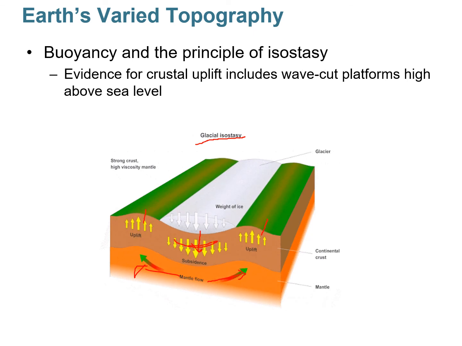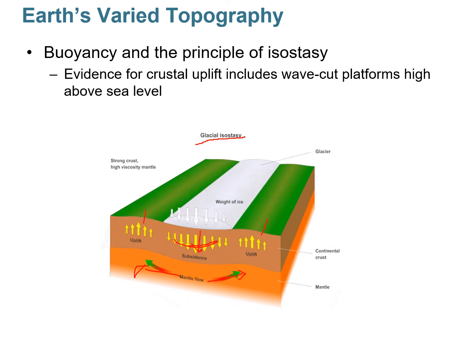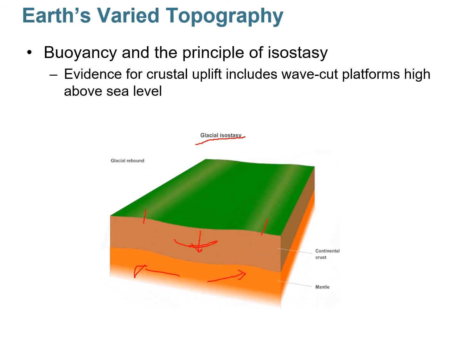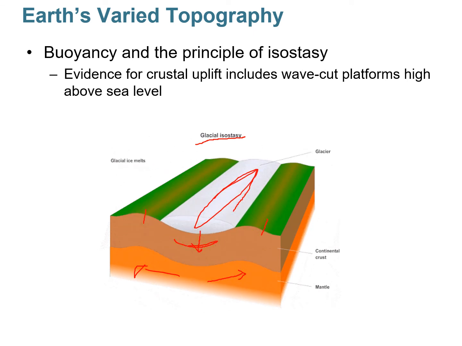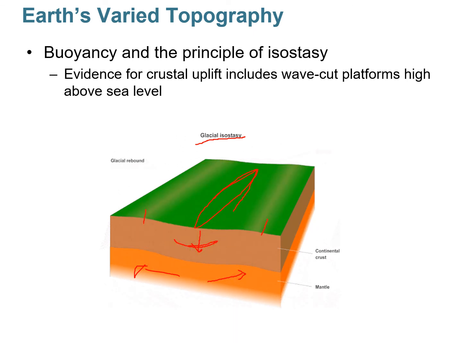But when climate changes and we're in an interglacial period, these glaciers melt away, and as they melt away, the weight of all that stuff is removed from the crust, and the crust rebounds and rises. That's true in places like Norway.